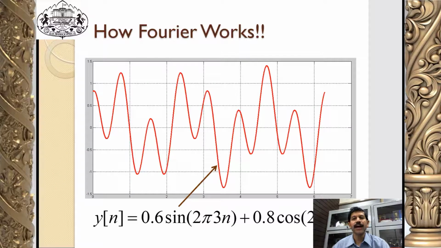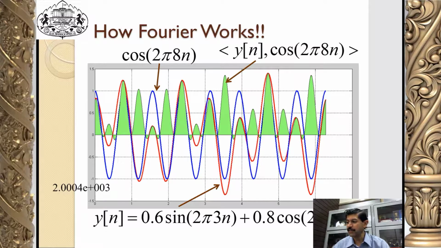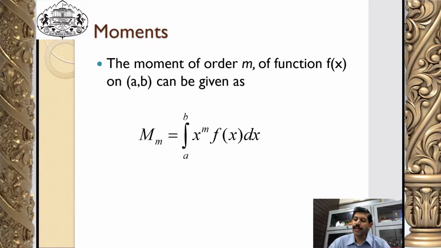We have already seen how the Fourier transform works in the last session. So this concept of taking the dot product between the function and the kernel is not new to us. The dot product essentially gives us the Fourier output. Now in moments, we take the dot product between the function and the mth raised power of the independent variable.